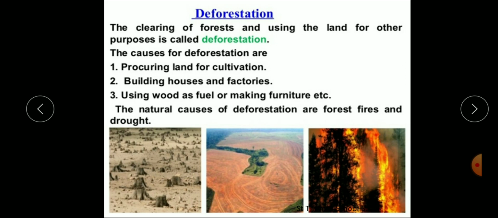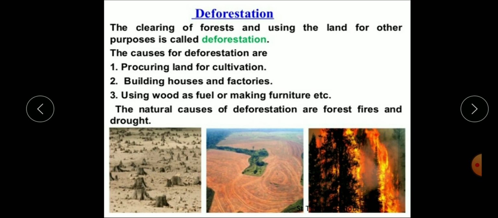This is happening because of increasing population. There is also an increased requirement of wood for making what? Furniture, in construction, even in making paper, etc. Wood is also being used as fuel, right?